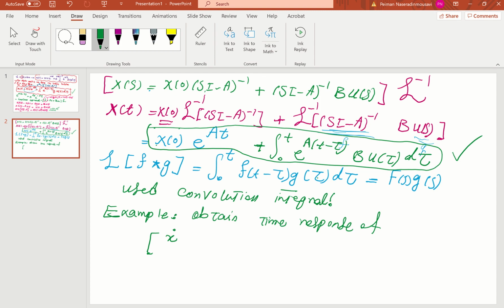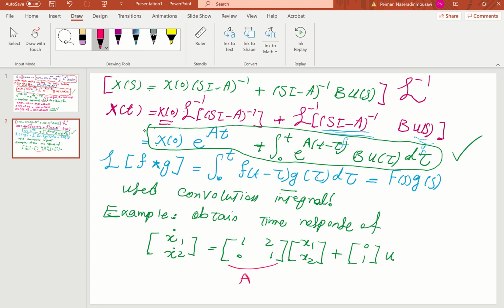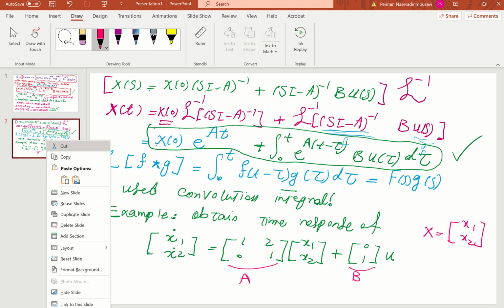You have a second order system, so you have two state variables. This is your A matrix, [1 2; 0 1], with x1 and x2, plus this is your B, B u. Here we go. This is your A matrix and this is your B matrix, and your X is x1 and x2. You have a second order system, and we want to find the time solution of this.